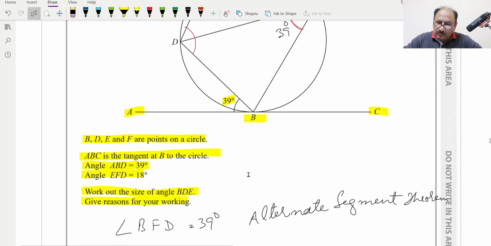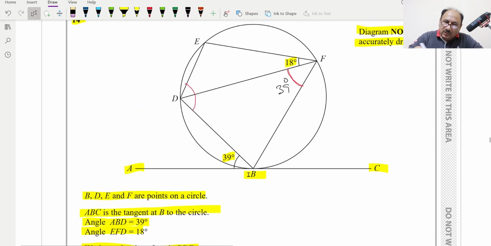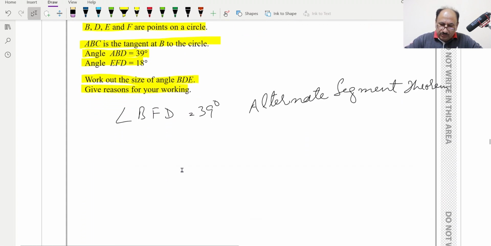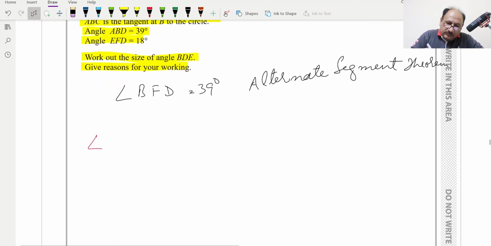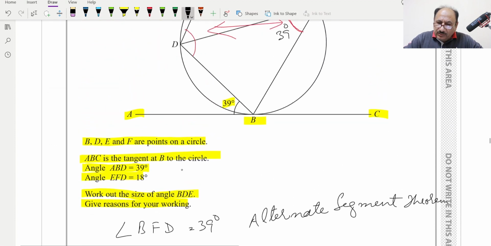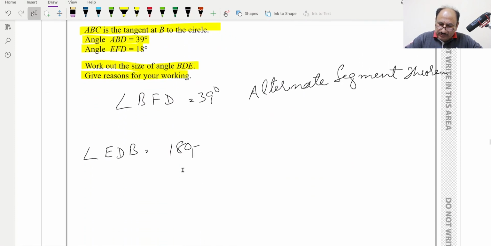Then now we have this one, so we know that these two opposite angles, of angle EDF, are adding up to 180 degrees. So angle EDB will be equal to 180 minus 39 plus 18.